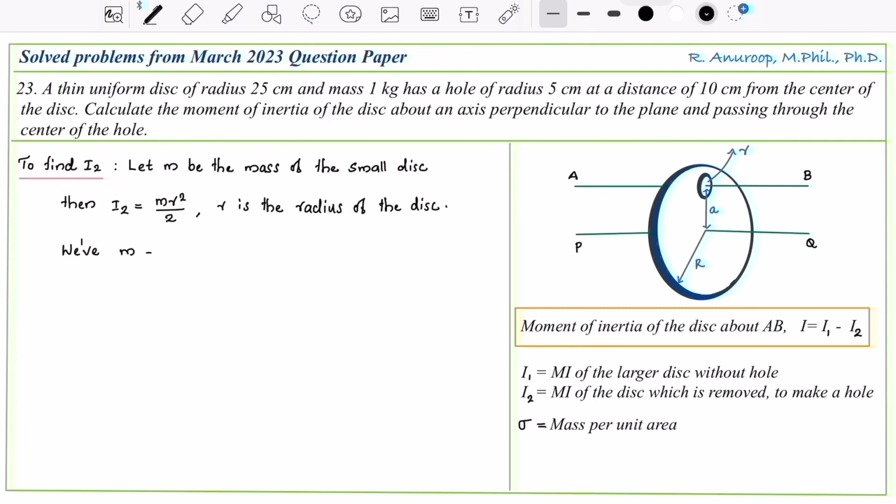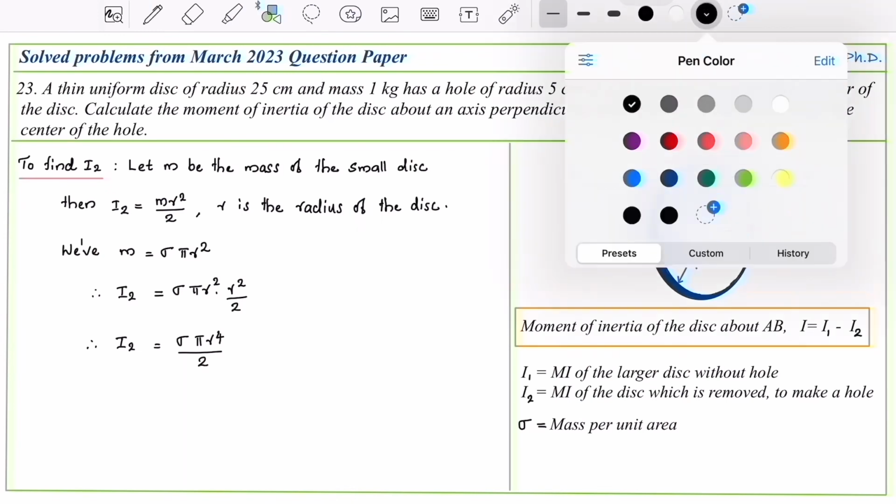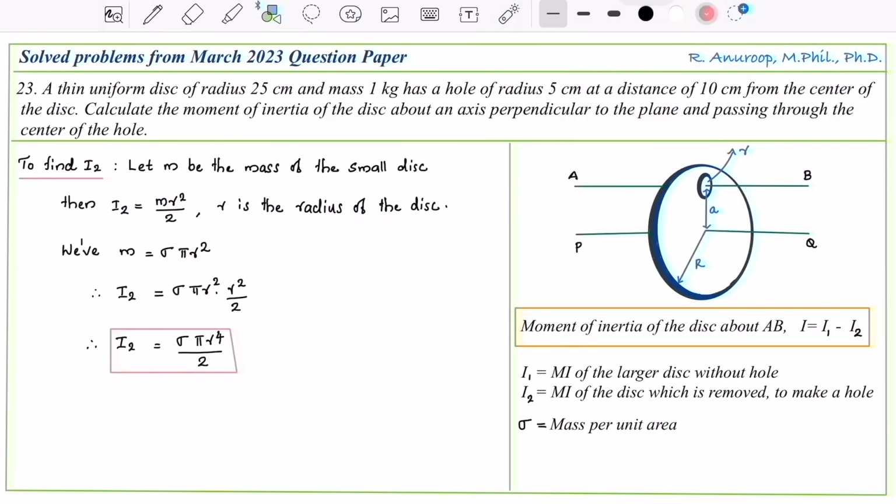Here the area of the smaller disk is pi r square. Therefore, mass is sigma pi r square. Hence, I2 is equal to sigma pi r square times r square divided by 2. That is sigma pi r raised to 4 divided by 2. That is the moment of inertia of the disk which is removed from the larger disk.